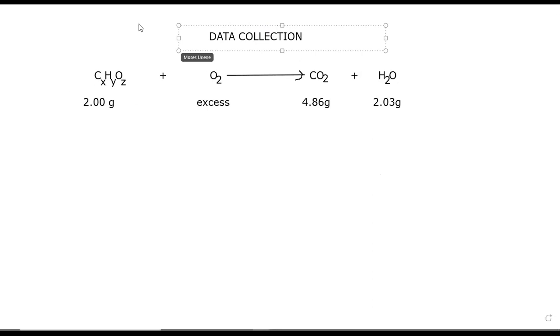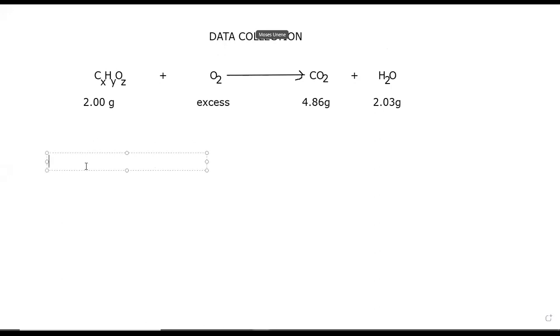What I'm going to do now is just lay out the steps that we're going to take in answering this question, and then we can get into it straight away. Like I said, chemistry is principle based. Unless you know the principles, unless you know the procedure, it's very difficult for you to actually answer the questions as you're supposed to.